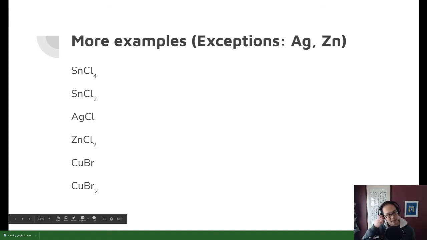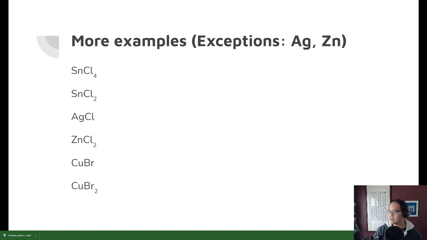Okay, SnCl4. Cl has a -1 charge, which means Cl4 is what charge total? If you said -4, you are correct. One Cl is -1, but 4 Cls are -4.